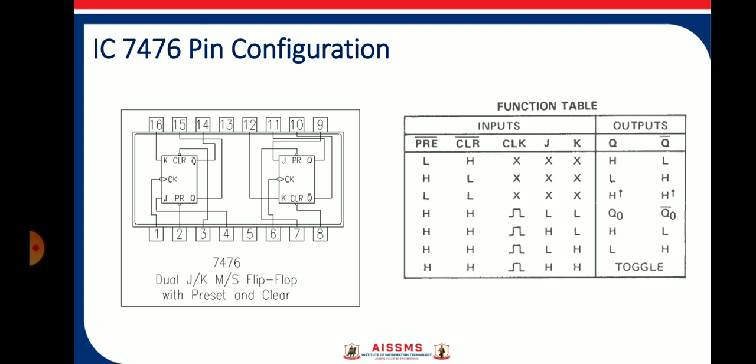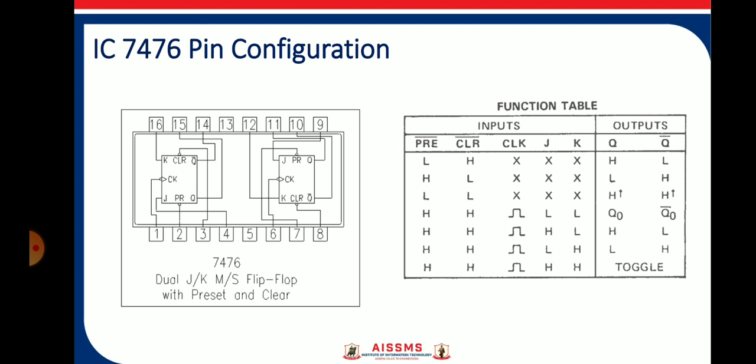As I said, if the PR pin is logic 0 and the clear pin is logic 1, then it will get set, that is nothing but a one output we will get at the Q side, and obviously Q bar will be the complement of Q, and vice versa. If clear is 0, you will get the output 0, and at Q bar it will be logic 1.